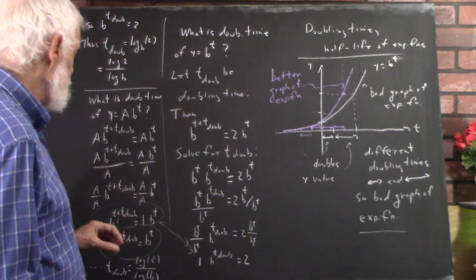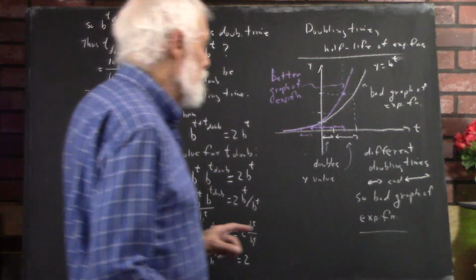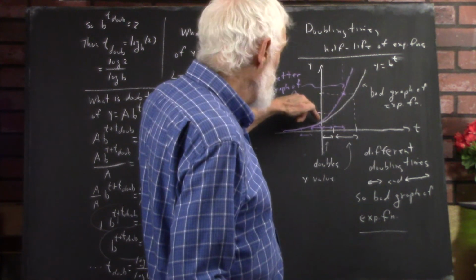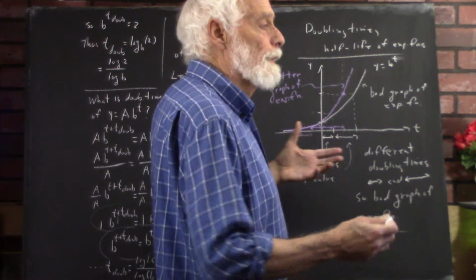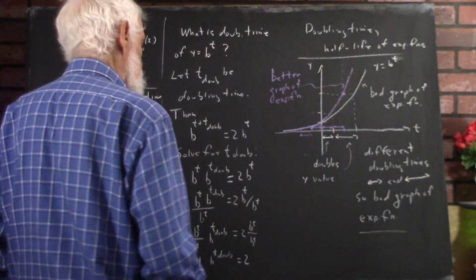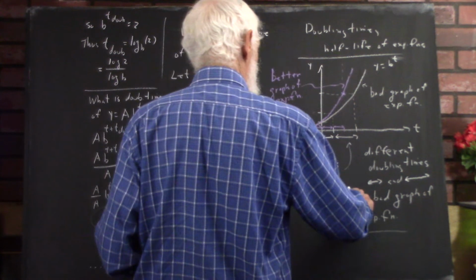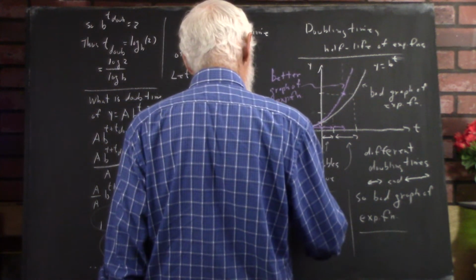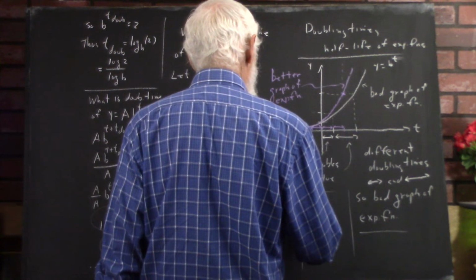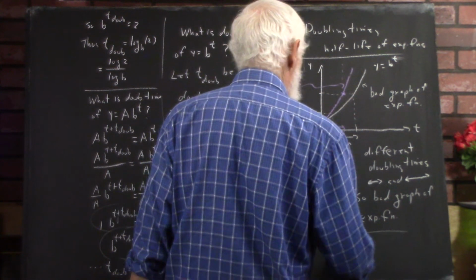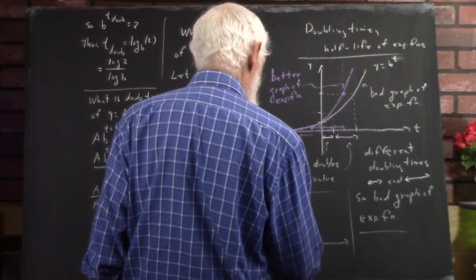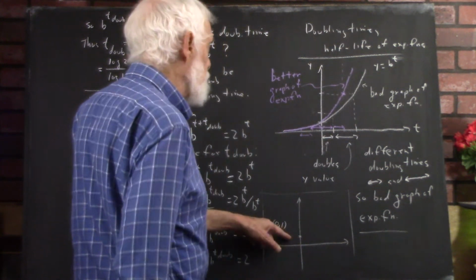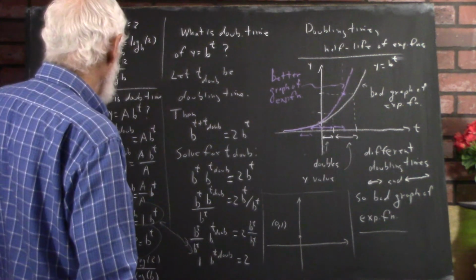This tells us that once you've figured out how long it takes the function to double, and once you have one point on the graph, you can construct all the rest of the graph. So I wanted to construct the graph of just a plain old b to the t exponential function, meaning the graph goes through the point 0, 1. That's automatic for any exponential function that hasn't been vertically stretched by a factor that we call a.